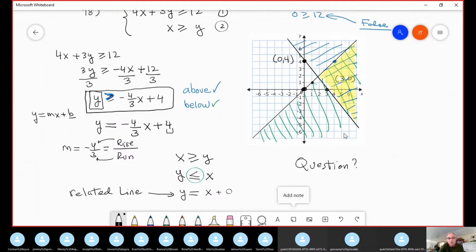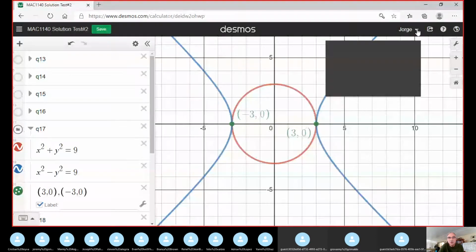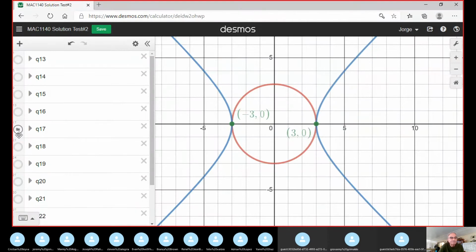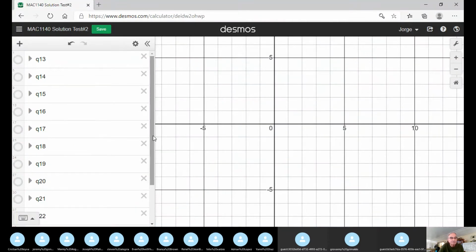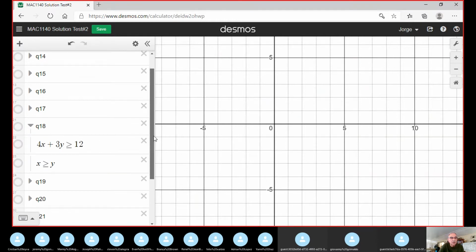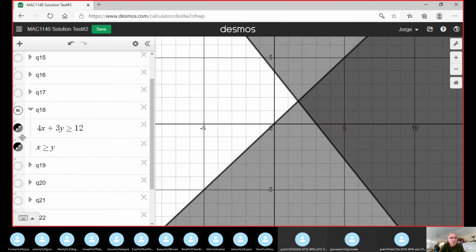Okay, let's go to Desmos to verify this answer and see if it's good or not. Switching to Desmos. When you are doing inequalities, I recommend using the same color. Look, let me show you number 18. In 18, we have two inequalities. I put both in black, or in blue and red.